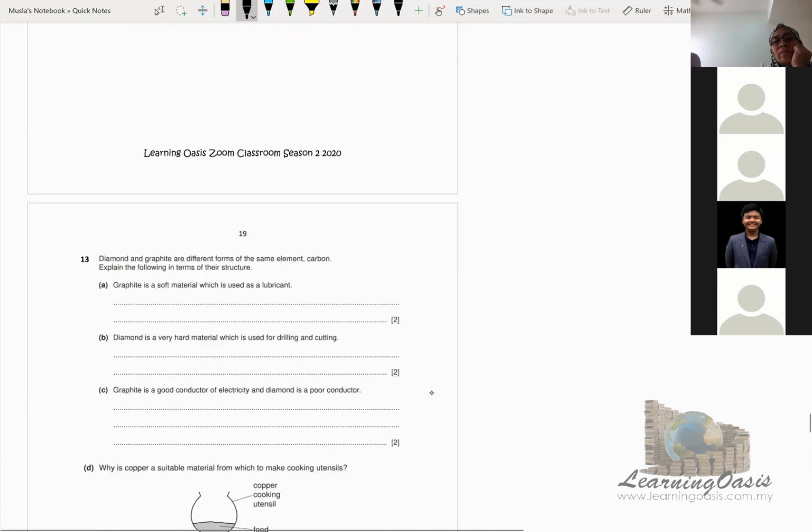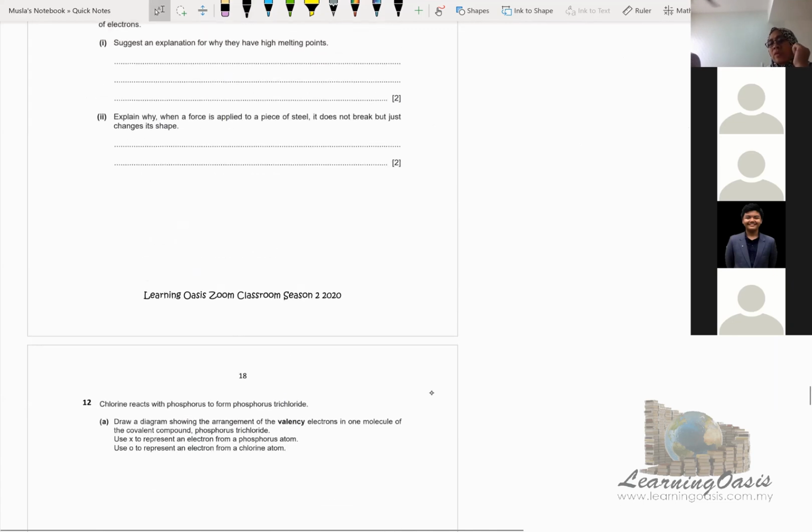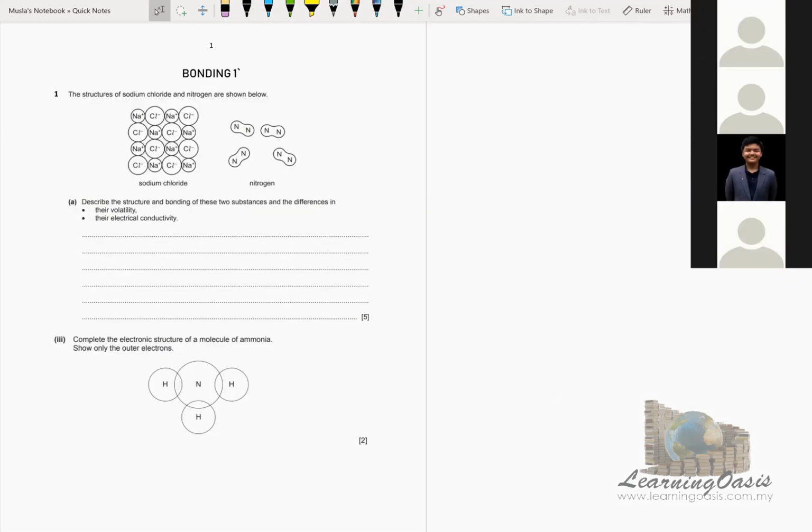Okay. Look at the first page. Balkis, read the answer. Sodium chloride is in a regular arrangement, while nitrogen is a free-moving ion.